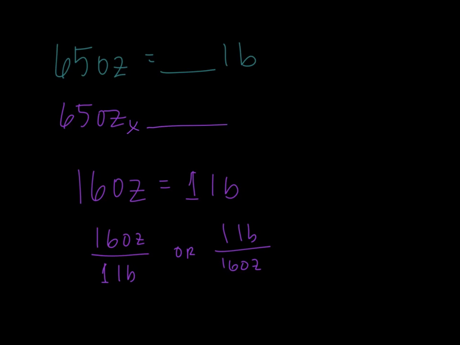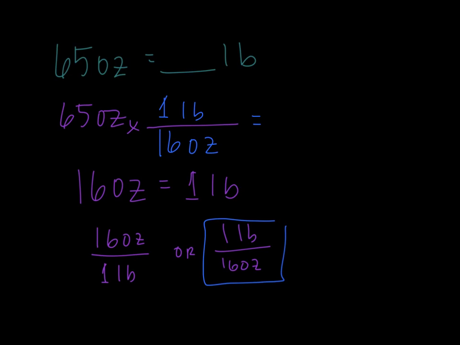So what that means is I've got to put ounces on the bottom. Which one of these am I going to use? Well, I should be using this one, because if I put that in this spot up here, then ounces will cancel and I'll be left with pounds. So I'm going to go ahead and fill that in. I've got 16 ounces in the bottom and 1 pound on the top.